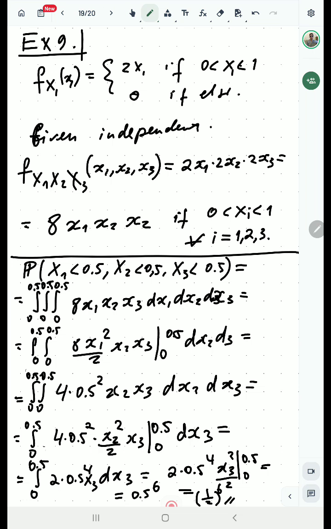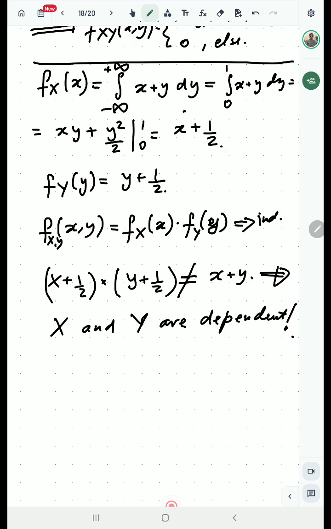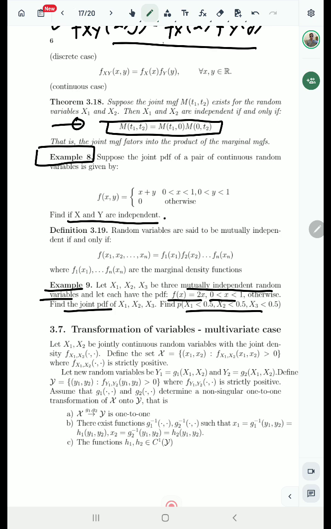Now let's move to transformation of variables. We have already done it for the univariate case, and the same ideas apply here.